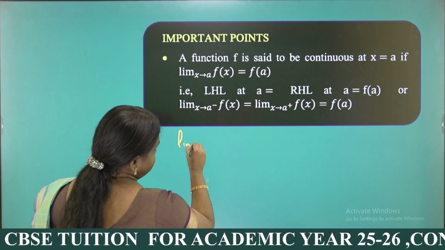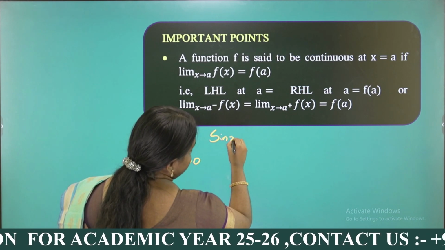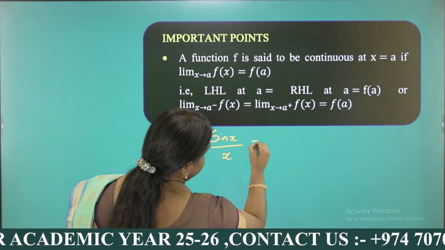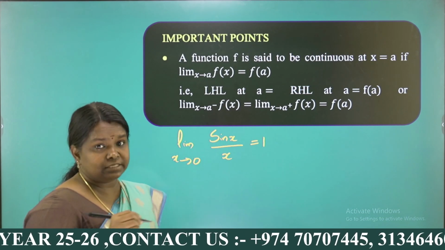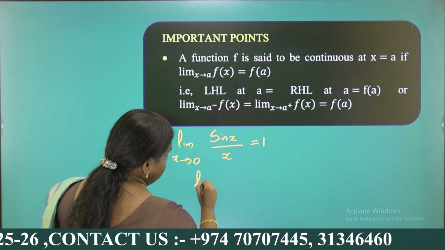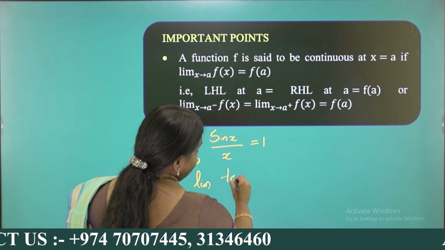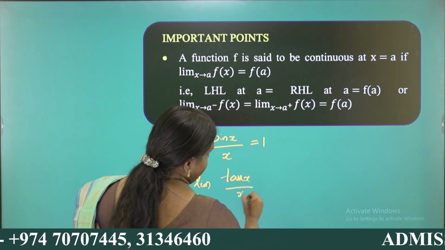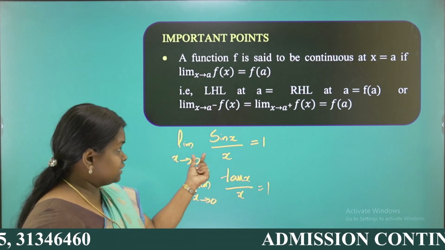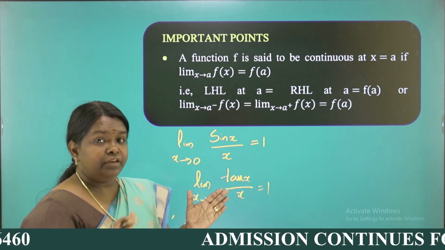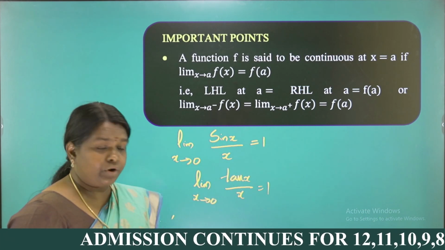Limit x tending to 0, sin x by x is equal to 1. Next, limit x tending to 0, tan x by x equal to 1. When the angle is very small, when the x value is very small, sin x is approximated to x, or sin x by x is equal to 1.